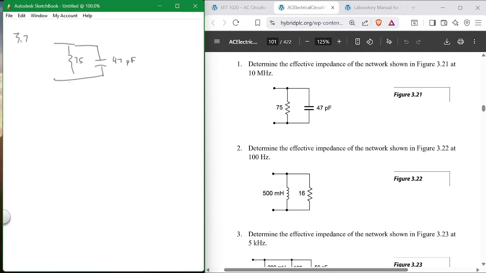So now you're asking the question, when does 75 equal 1 over 2 pi fc? And C is 47 times 10 to the minus 12th. At what point do you get that answer? It's when F is greater than 45 megahertz.